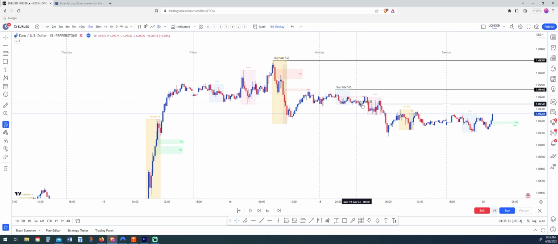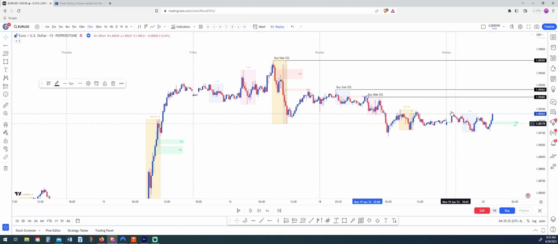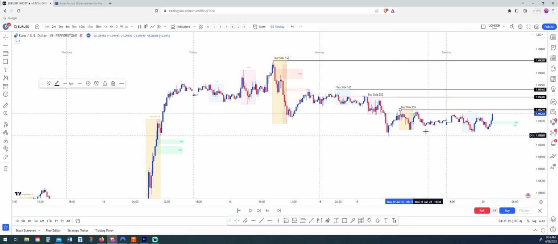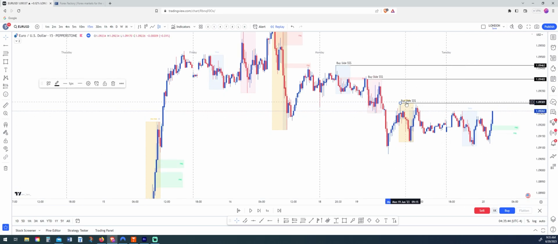We have untapped London high from yesterday. And we have untapped New York high as well. We've even got untapped Tokyo high, so relative equal highs here as we're coming into the session, which look like they're just about to get run now. So we can check for displacement here to see whether the price is going to continue higher or potentially come back in the range.